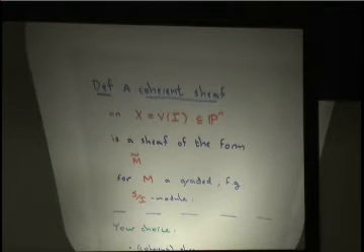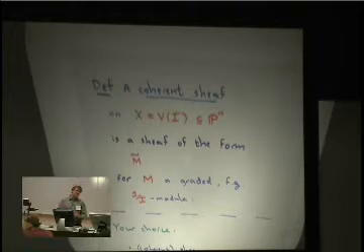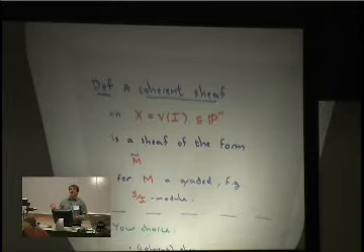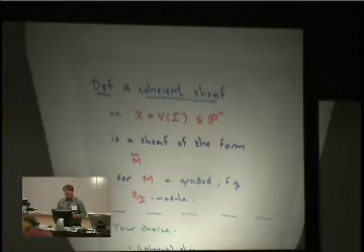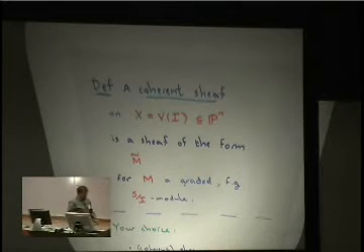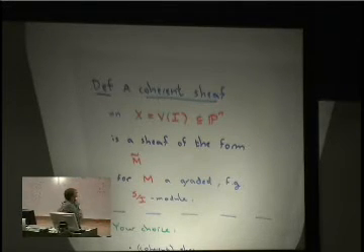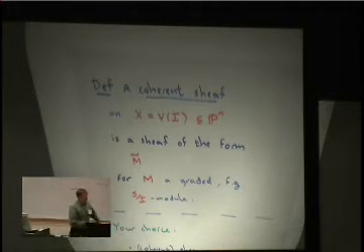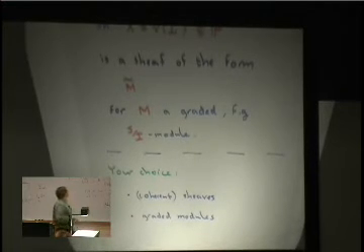Depending on how comfortable you are with sheaves, there's two types of people in the world: those comfortable with sheaves and those not quite comfortable yet. Or maybe never comfortable. But in any case, you can think of it either way you want. It's your choice. You can either think of coherent sheaves or graded modules.